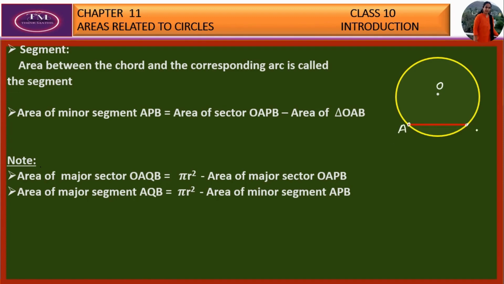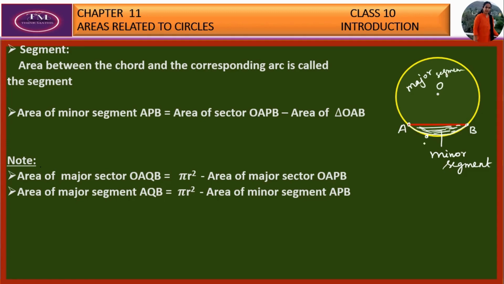The center point is O, and AB is the chord. The area enclosed between the chord and the corresponding arc is the segment. This is the minor segment, and the remaining segment is called the major segment.